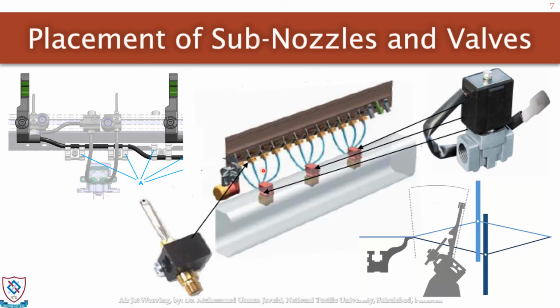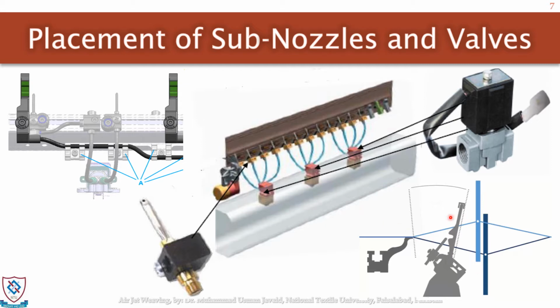You can see the blue pipes, and these blue pipes are attached on the other side to an electromagnetic valve. This valve releases the pressure, the pressure is engaged into the sub nozzle, and the weft is blown in the forward direction.